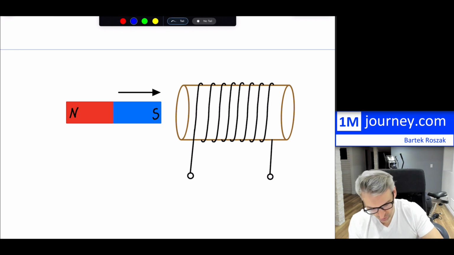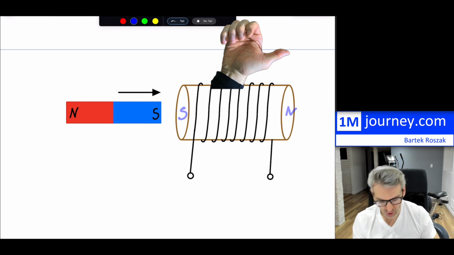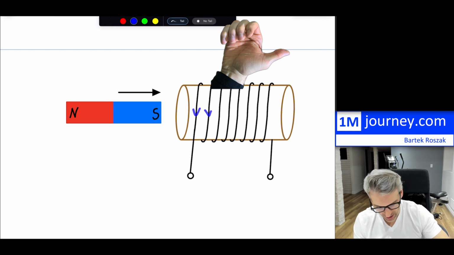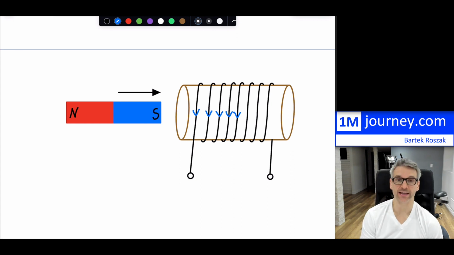So within here, if you wanted to create a south pole over here, which means you would have a north pole over here, what would that mean? Well, that would mean that the current would have to flow in this direction. So maybe let me draw that in here. That current would have to start flowing in that direction in order for you to have that within.